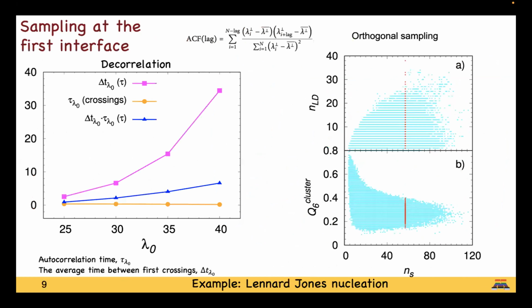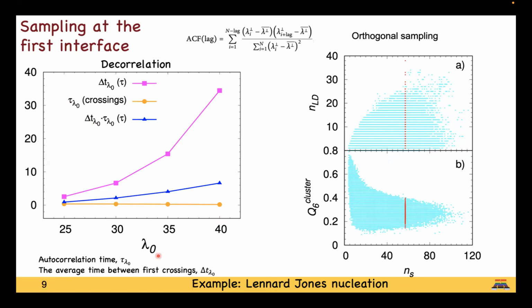So what I'm showing you here is one way of measuring that decorrelation. So what you do is, again, you think of some orthogonal parameters, and from those orthogonal parameters, which I'm representing here with this perpendicular symbol, you can calculate an autocorrelation function, and then based on that autocorrelation function, you can get a lag time, and you can see what are the different lags for the different values of lambda naught. What does your lag time look like?